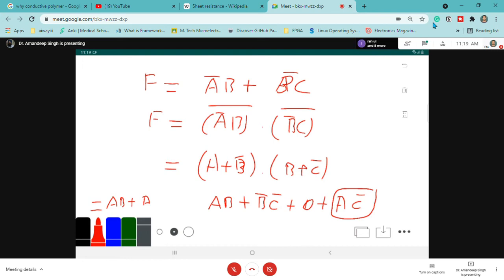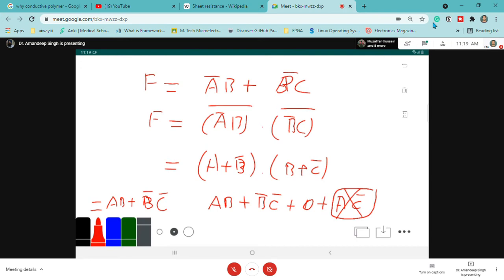That is good if you have minimized. C bar will be common and A plus B bar. We can't minimize using this Boolean, no, that can be minimized using K-map. So if you minimize the K-map, this will be eliminated. This will be B bar, C bar. That's good if it is not minimized.